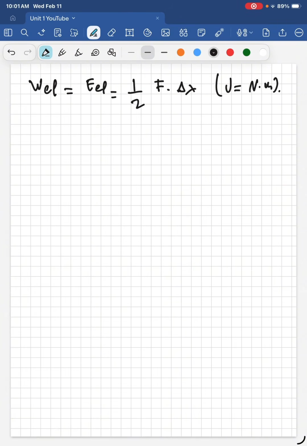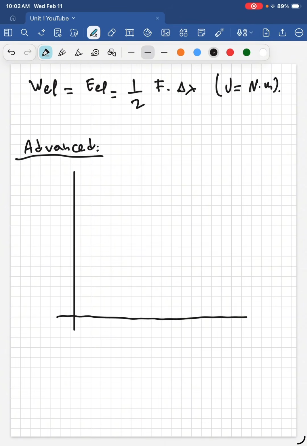Now let's talk a little bit about more advanced graphs that you might see. So maybe a graph will look like this.